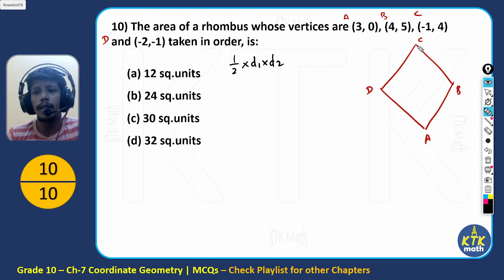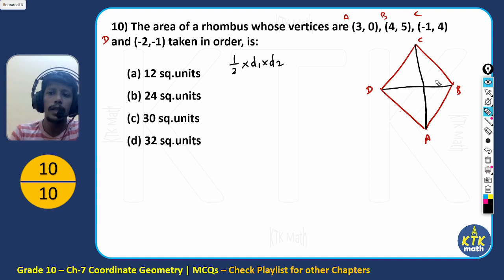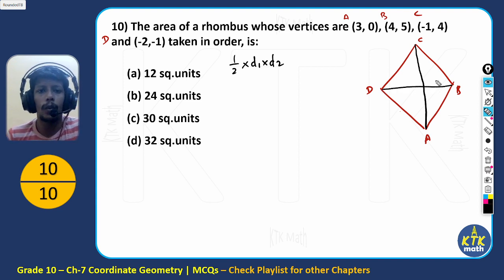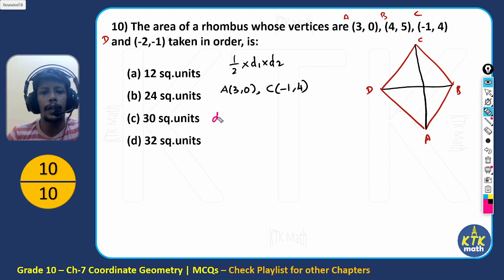So diagonal 1 is the distance AC and diagonal 2 is the distance BD. Using that in the formula we are going to find our area. Got it? Now first find AC alone. A is 3 comma 0, C is negative 1 comma 4. Using the distance formula, we subtract: negative 1 minus 3 whole squared plus 4 minus 0 whole squared.